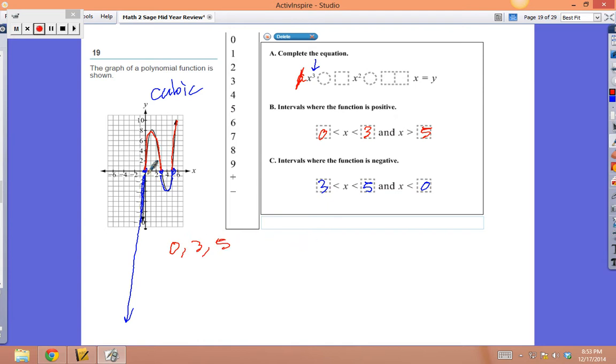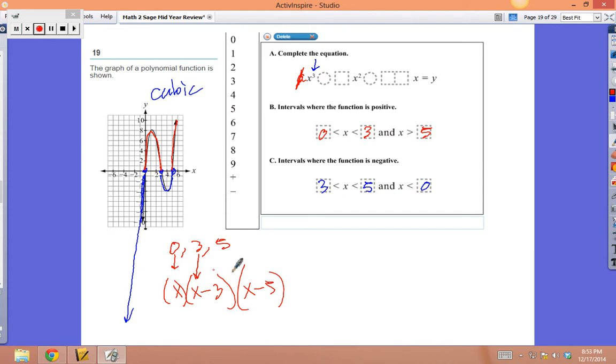So if you take the zeros, you can work backwards and figure out what was the factor that gave you that 0. So 0 is going to turn into just an x. 3 is going to turn into x minus 3, because if I plug a 3 in there, that's creating a 0. And 5 is going to turn into x minus 5.